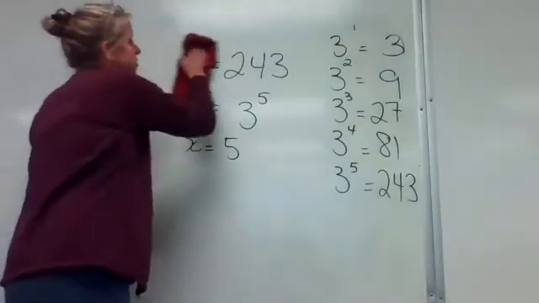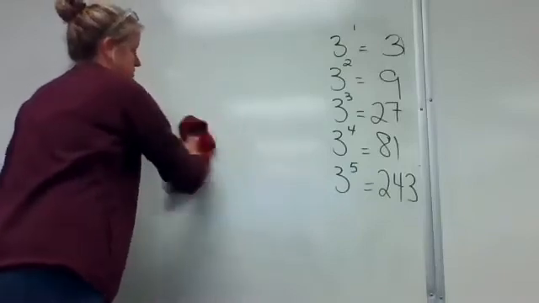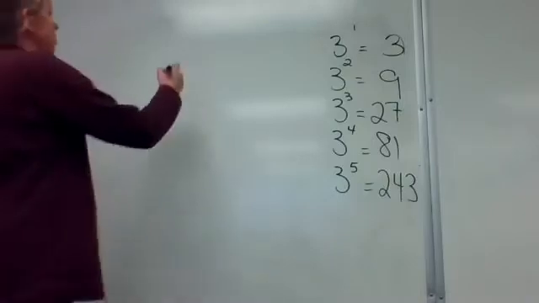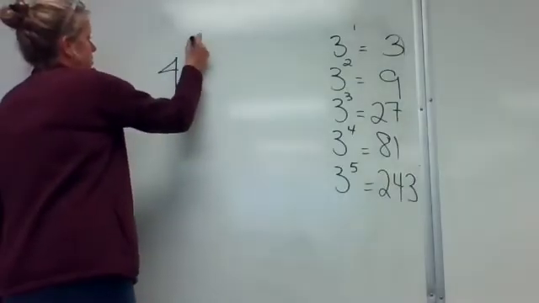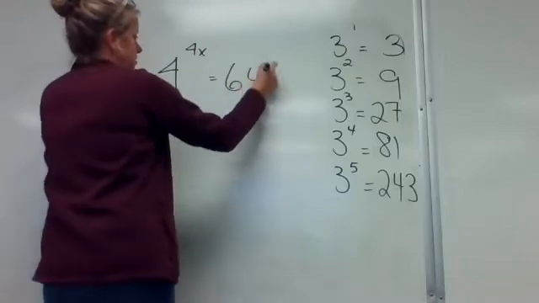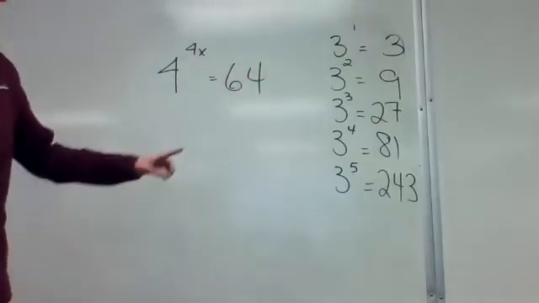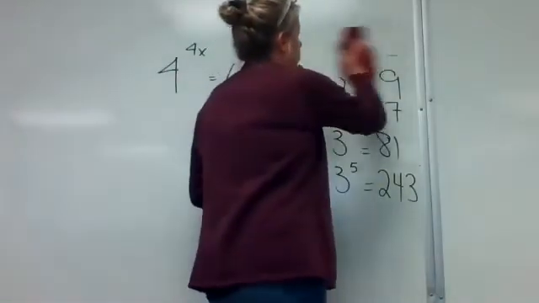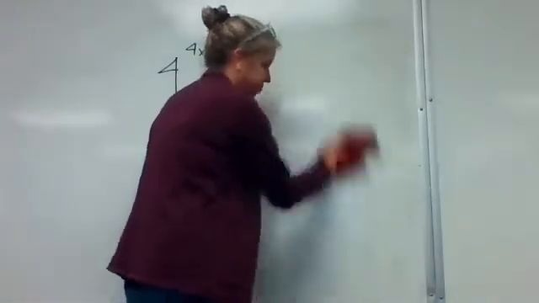Right, number 2. You have 4 to the 4x equals 64. So let's see if I can turn 64 into a base of 4, like I did that last one.